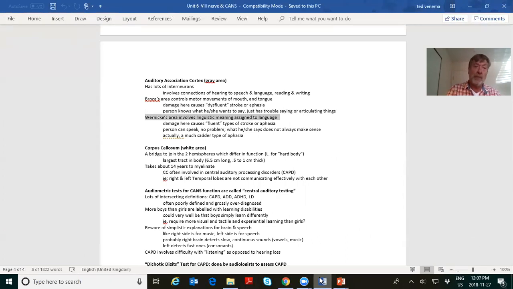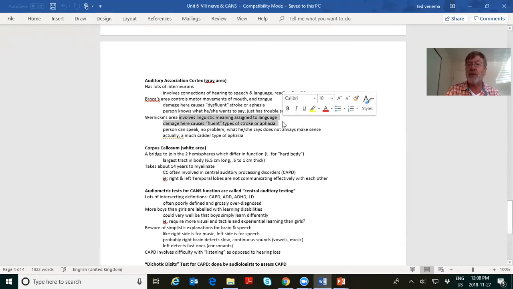Okay, so you can have a stroke of either or both, which would be more like a global stroke. So disfluent aphasia means the person knows what he wants to say but has trouble articulating it. And Wernicke's area involves linguistic meaning assigned to language. It results in more of a fluent type of aphasia.